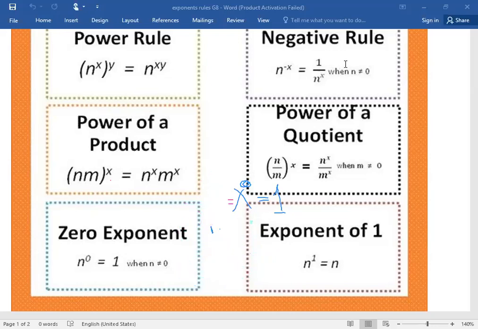The last one is exponents of 1. What is the exponent of 1? For any variable, exponent 1 equals the same variable. For this reason, we wrote x, we wrote y, we wrote z, we wrote f.